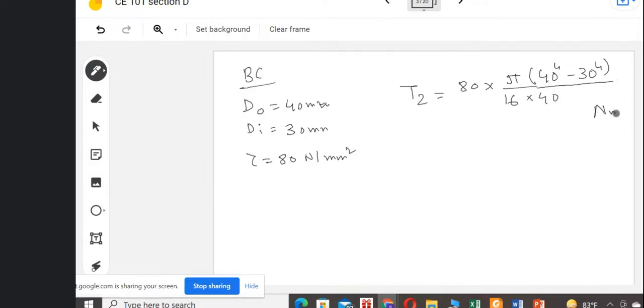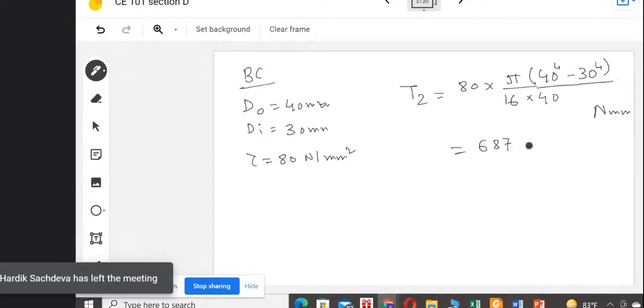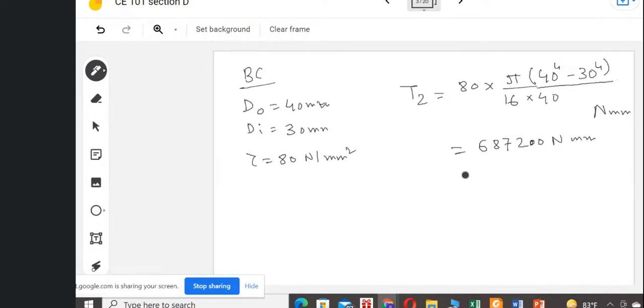This is in Newton millimeter. So how much is the value coming? 687 something is coming. Again it says 686875 Newton millimeter. Okay, that's fine. 687.2 it is shown. Okay, that is in Newton meter.